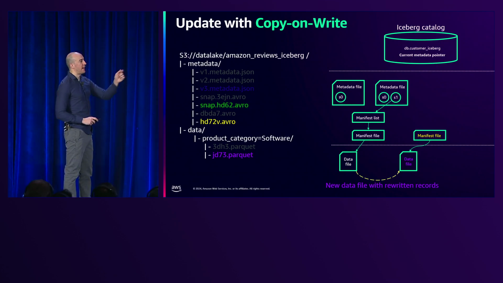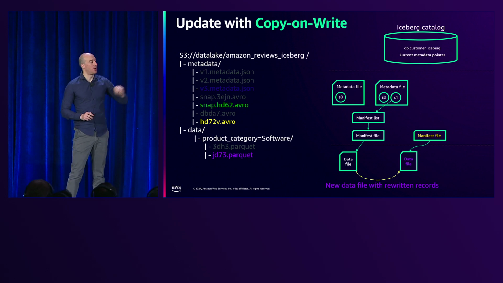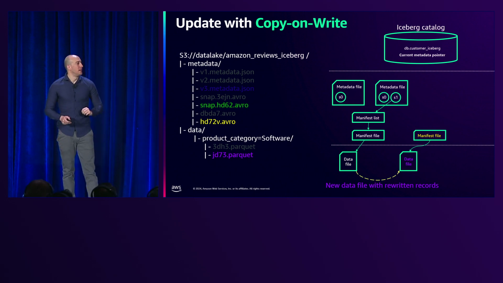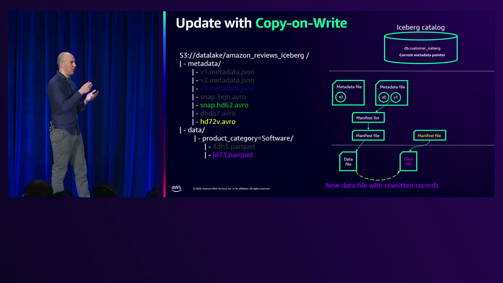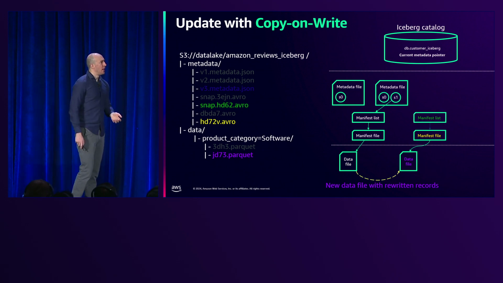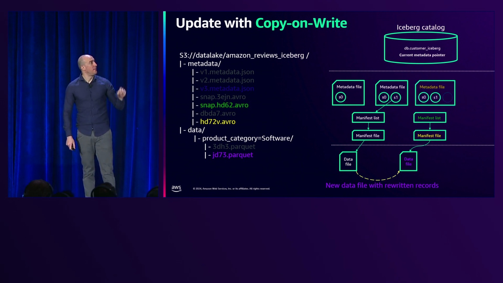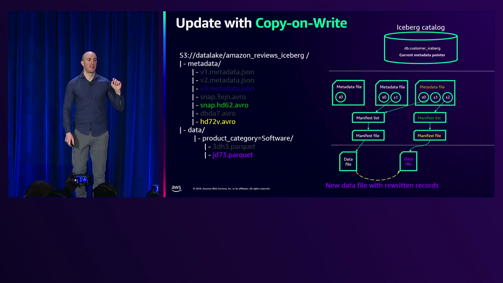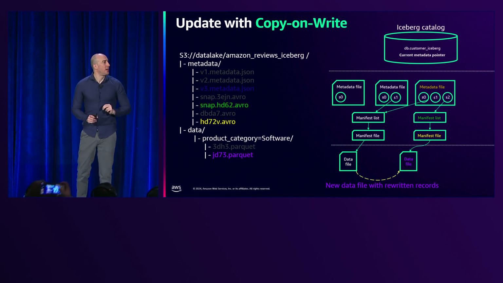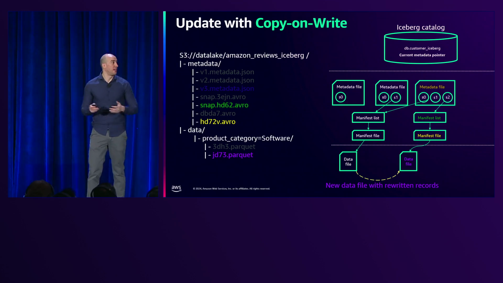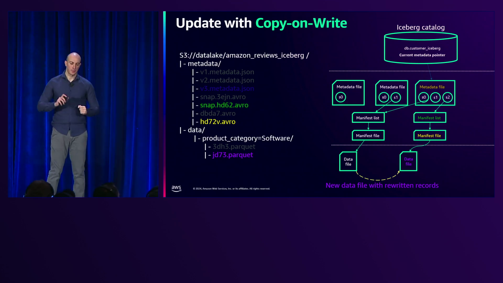So a new manifest file gets created, and the manifest file points to the new data file, which has all the rewritten records. A new manifest list gets created that points to the manifest file. Finally, the metadata file gets created, and now has 3 snapshots. Of course, S2 got created and points to the new manifest list. This is what happens during copy on write.